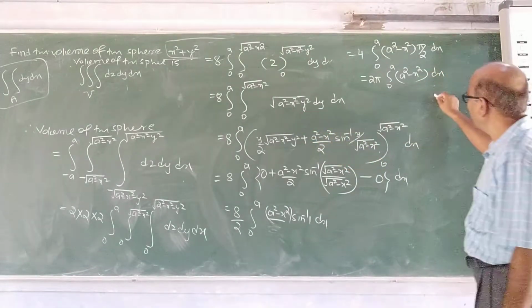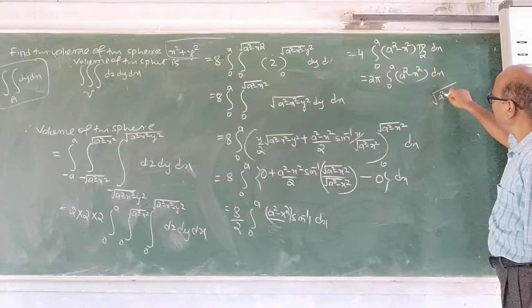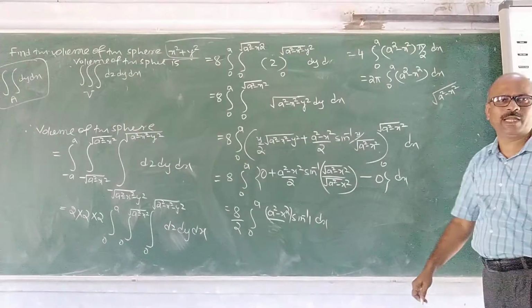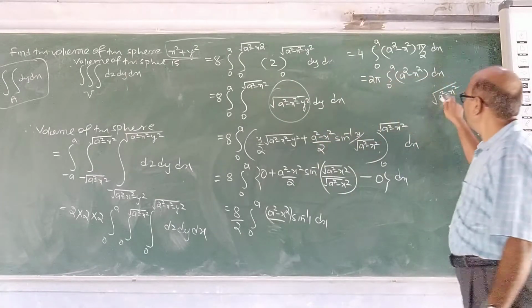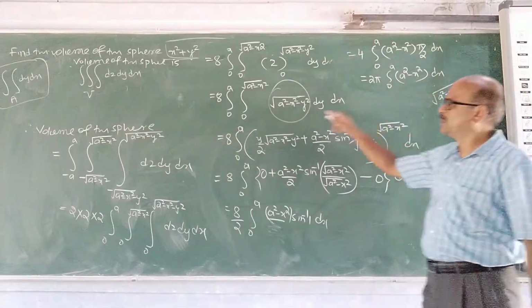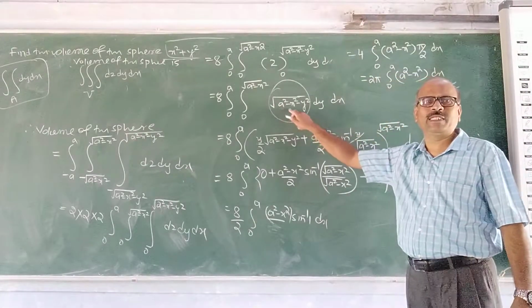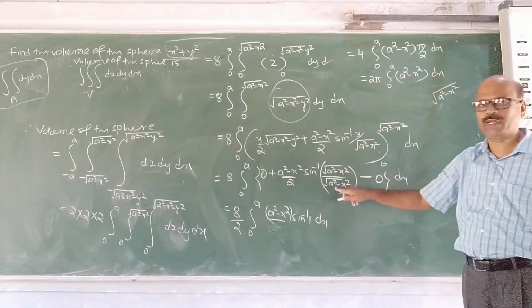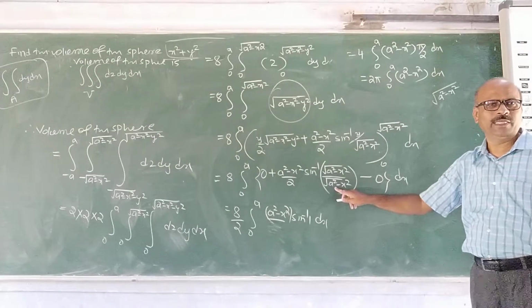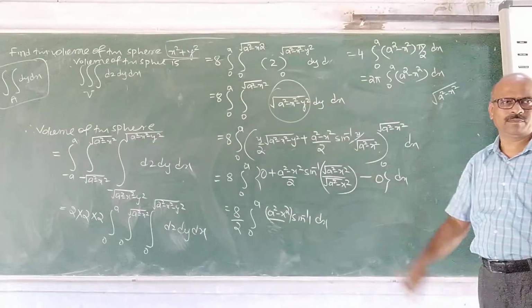So you compare formula with, I think you have confused there, a square minus x square. You have to compare this way, a square minus x square. A square means we have a square minus x square. What is a? Root a square minus x square. Correct? A is root a square minus x square. I am correct here.